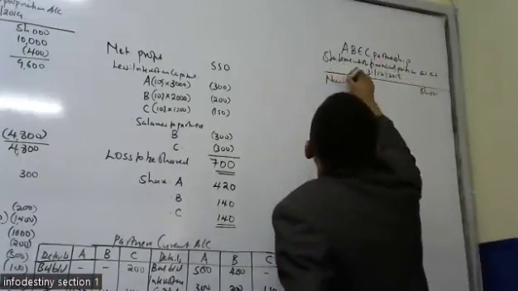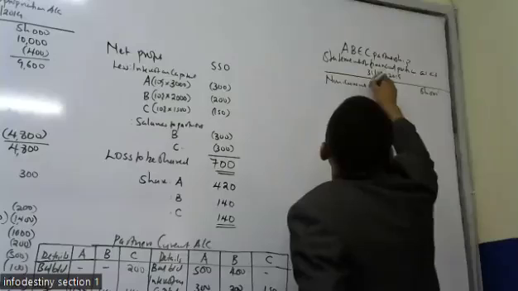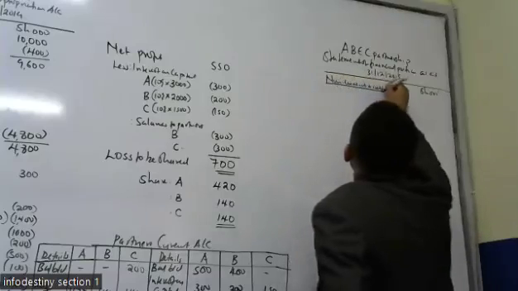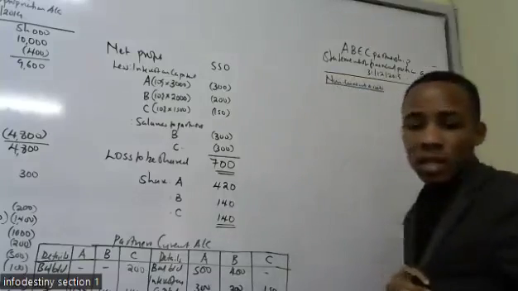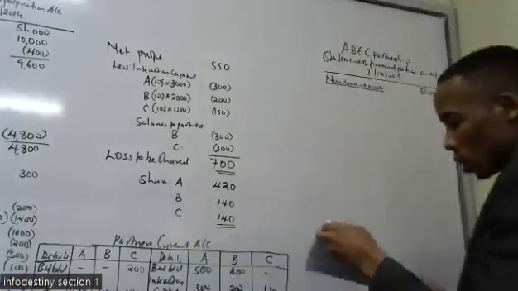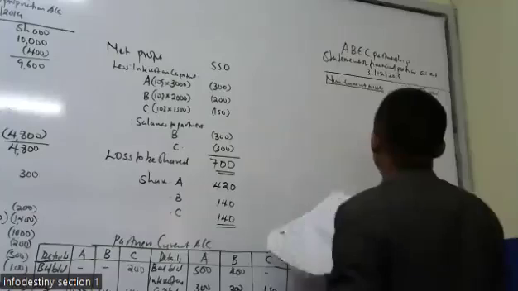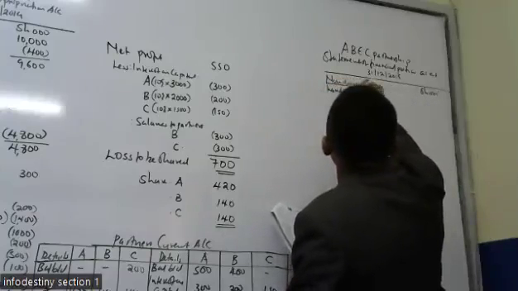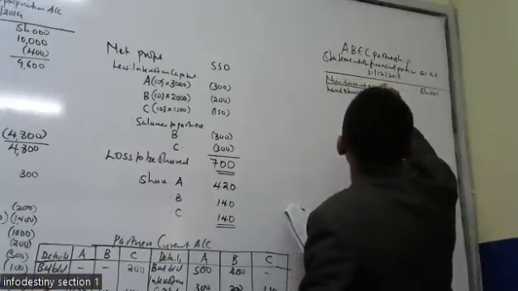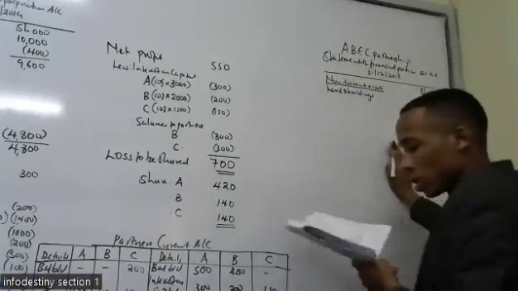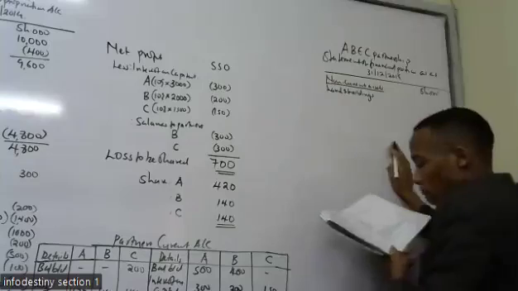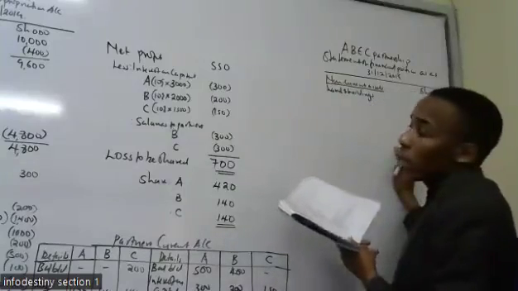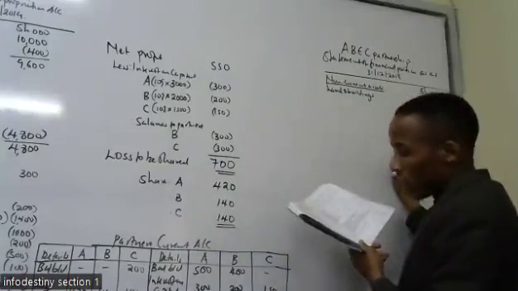So we start with non-current assets. We start with land and buildings. Take cost minus the accumulated depreciation minus the depreciation charge for the year.